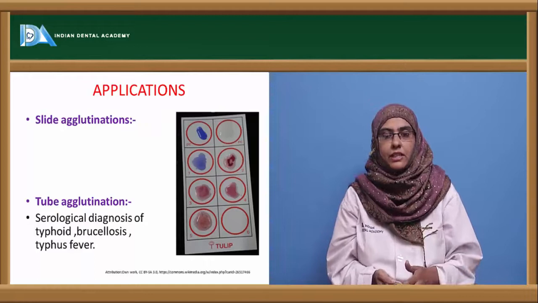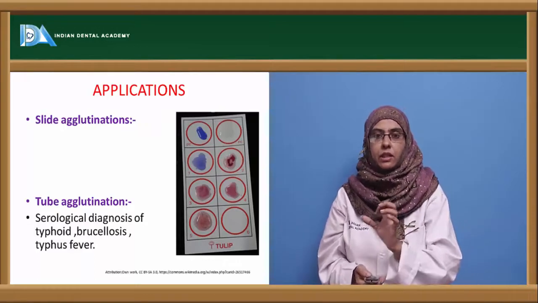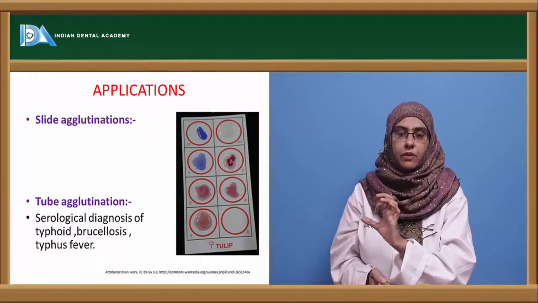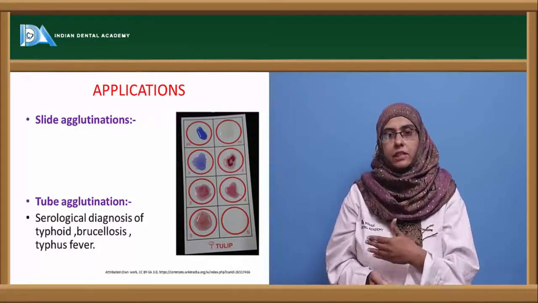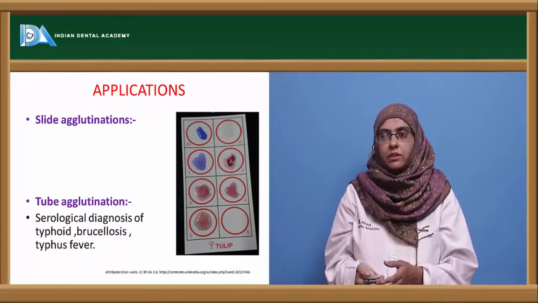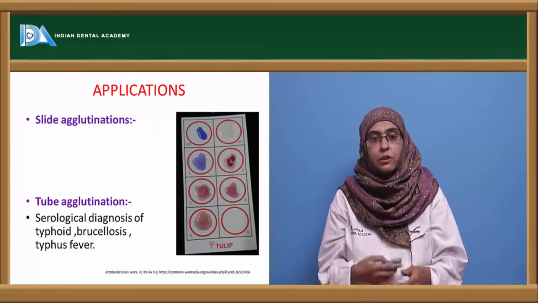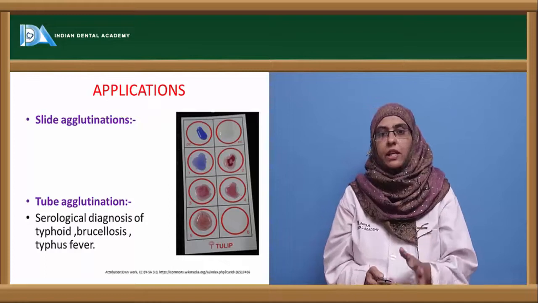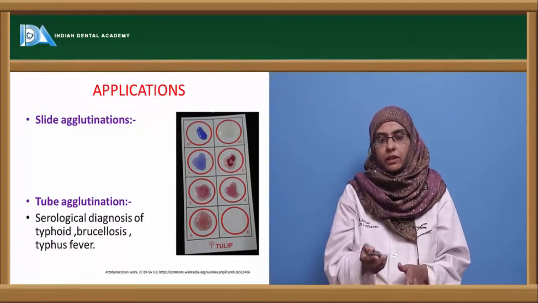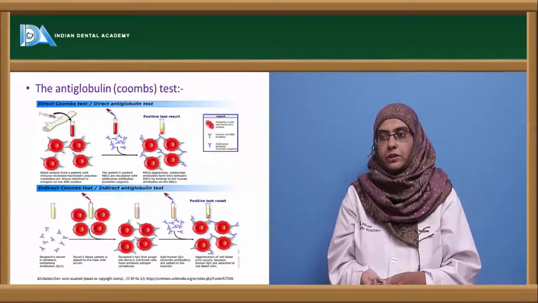The H antigen is a flagellar antigen that usually forms cotton wool type agglutination, and the O antigen gives a different result in the tube agglutination reaction. Based upon the pattern of agglutination, we can identify which antigen is mostly involved in the disease process.